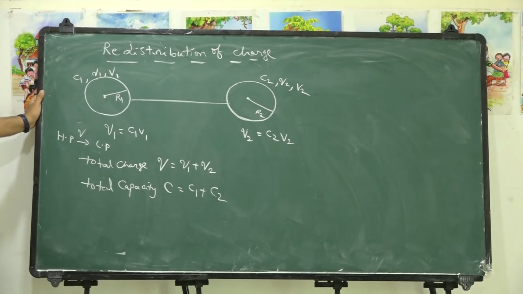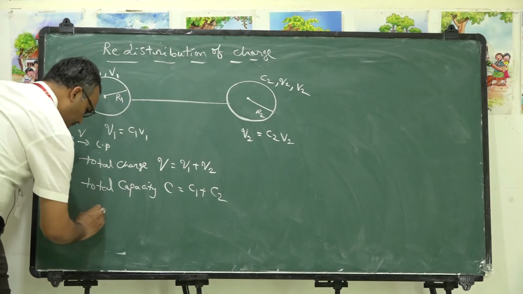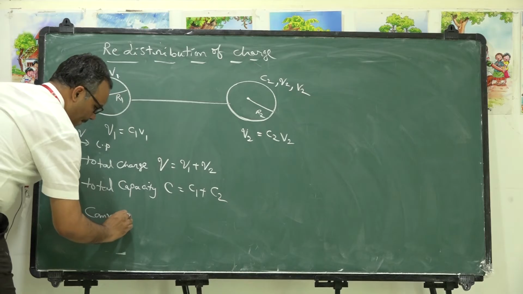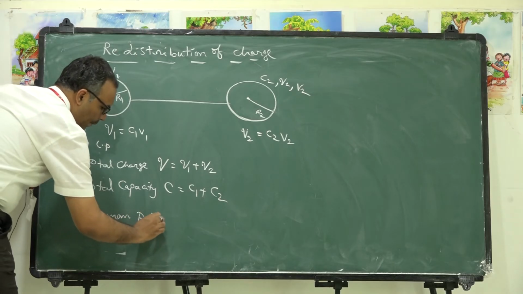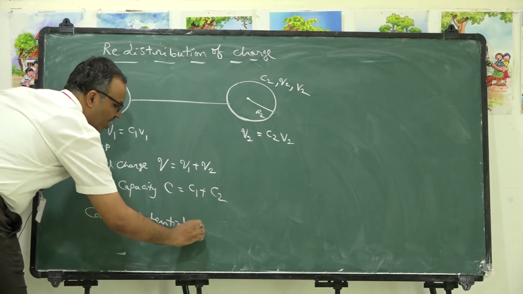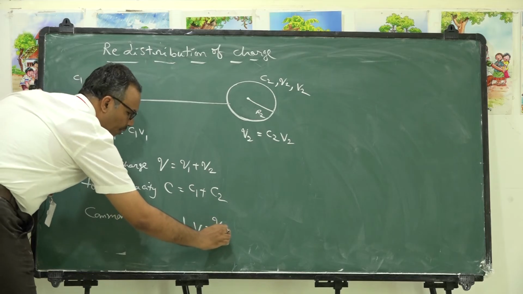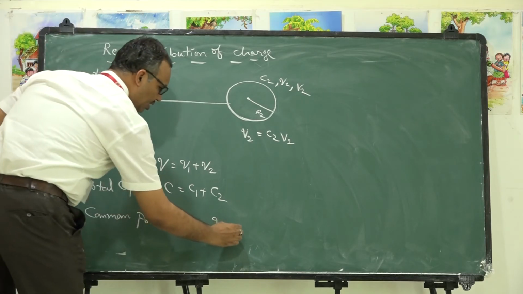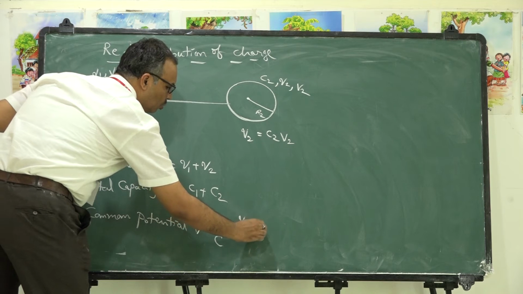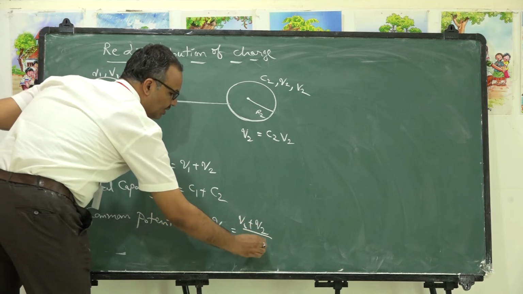I am going to estimate the common potential they are going to attain. So common potential V is equal to total charge by total capacity. That is nothing but Q1 plus Q2 by C1 plus C2.